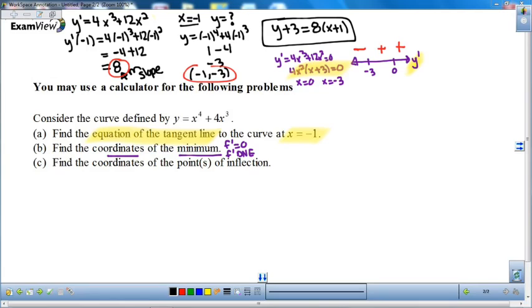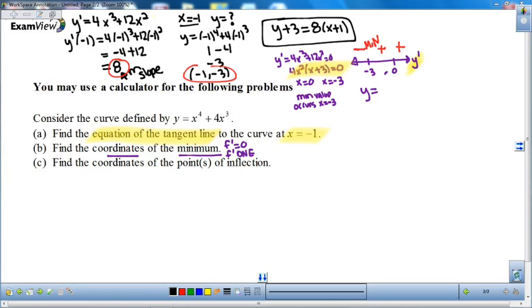So I have a minimum, no max. So my minimum value occurs when x is equal to -3. So now I need to find the actual minimum value.